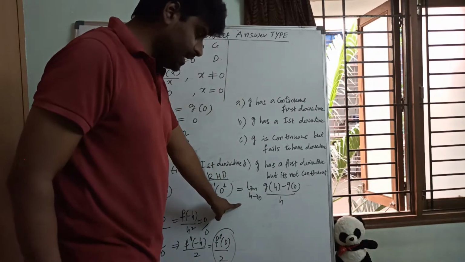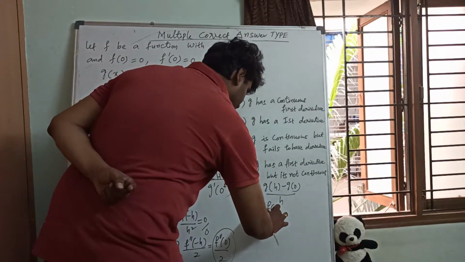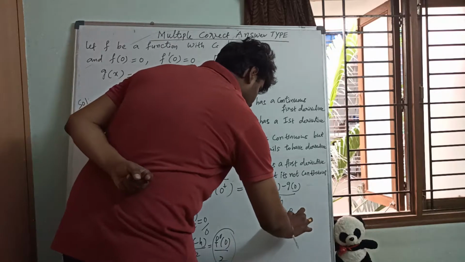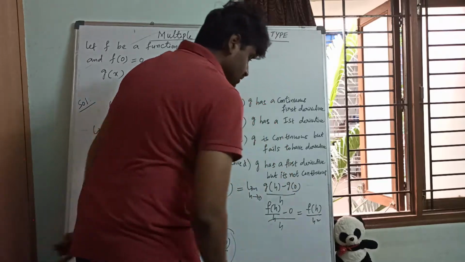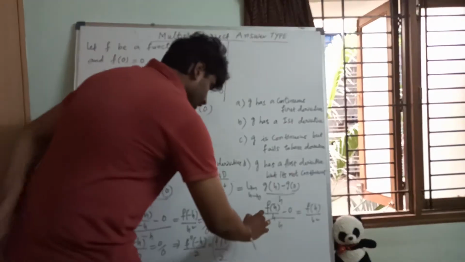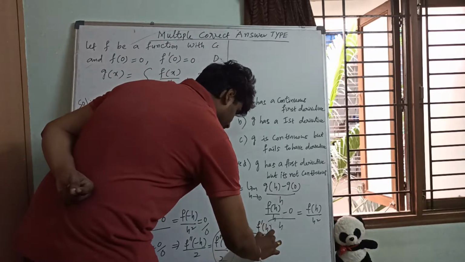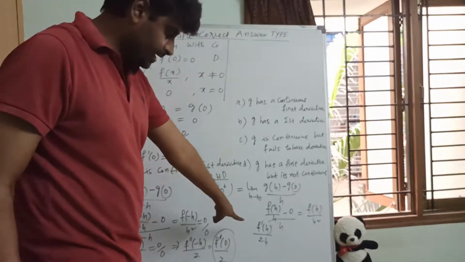Same thing we'll get for RHD also. If you observe, g of h means f of h by h minus 0 by h. So from this what will you get? f of h by h square. Now can you substitute the limit? No, 0 by 0. L'H rule will apply. If you apply L'H rule, f dash of h by 2h. If you substitute the limit, again we'll get 0 by 0, correct or no?